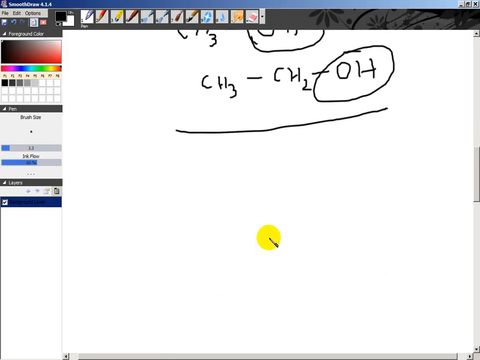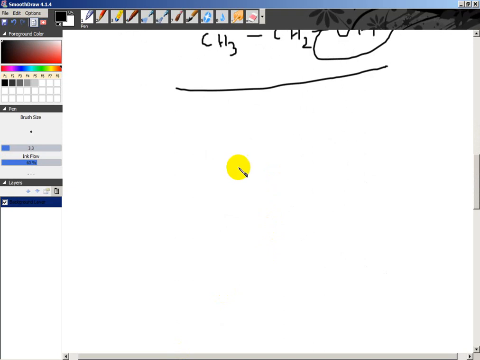Look at this naming, nomenclature of organic compounds, IUPAC method.